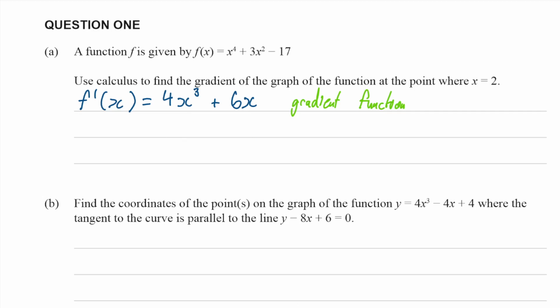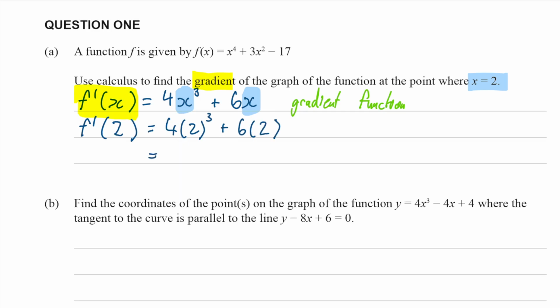We're looking for the gradient, and we're given x. So we can substitute an x into the gradient function to get the gradient at that x value. So to denote that, when we have this f prime bracket, in for x goes 2, and what that means is we substitute 2 in for x.